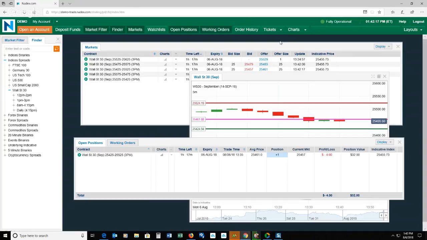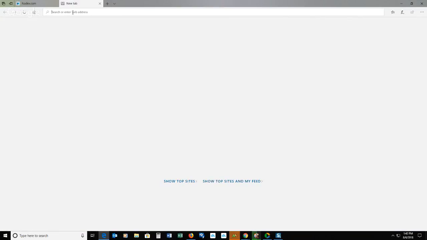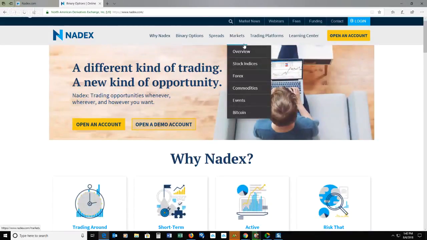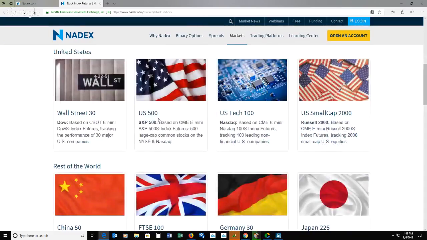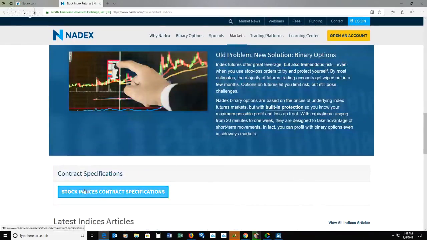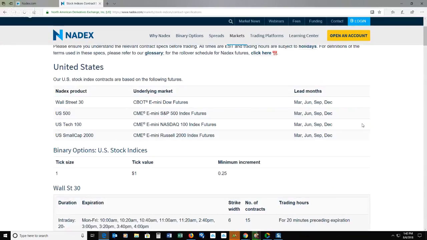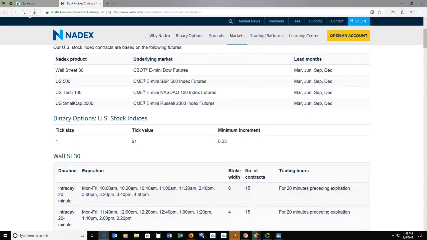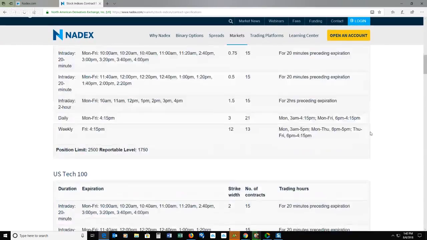But again, if you go to the Nadex site, nadex.com, and then go to markets, and for example we're doing the stock indices, I'm going to click on that one. And if you go down to stock indices contract specifications, this is where you can see tick size is 1, tick value is $1, minimum increments 25.